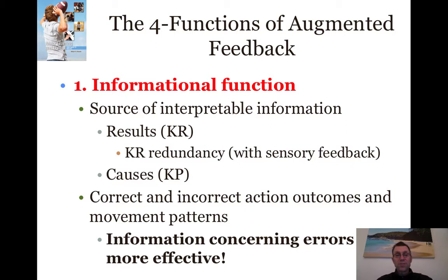So yes, it gives a source of interpretable information, knowledge of results. So knowledge of results is important, right? But there can be a certain level of redundancy with knowledge of results and sensory feedback, and you could probably come up with multiple examples. When you have sensory feedback and you know that your result was not a positive one, and then you get feedback that also says it, it can be redundant.